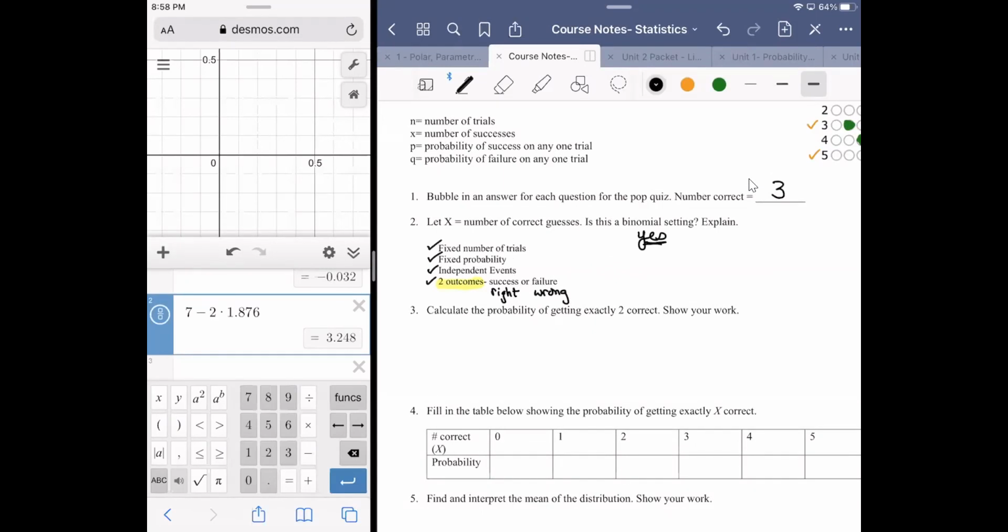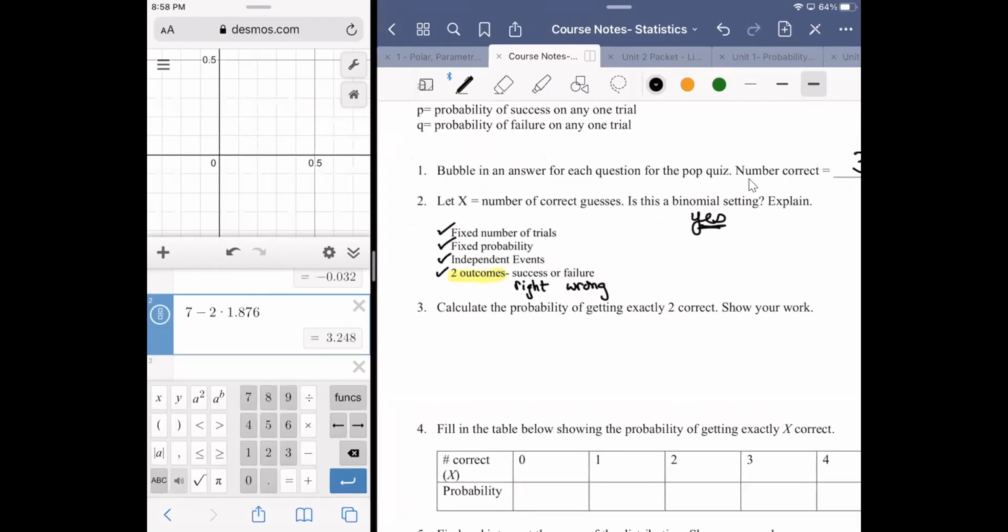All right? So probability of getting exactly 2 right. Because we're letting X represent the number of correct guesses, we would say X is equal to 2. So we have to think this through.